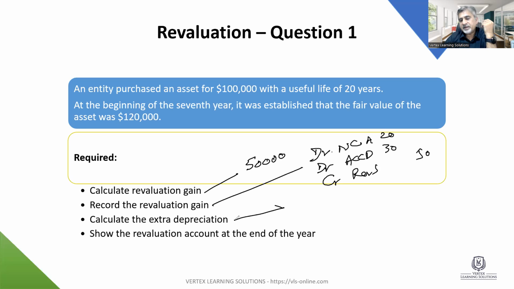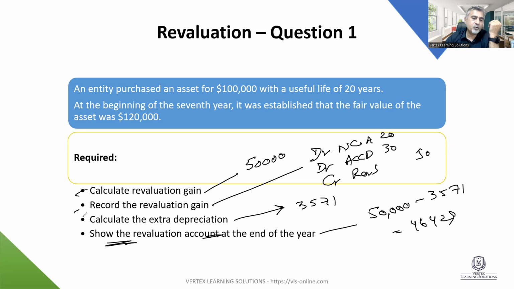Then they said calculate extra depreciation. We said extra depreciation was 3571. Then they say show the revaluation account at the end of the year. We said 50,000 for revaluation minus the extra depreciation 3571. That gives me 46,429. So these are the 4 points.